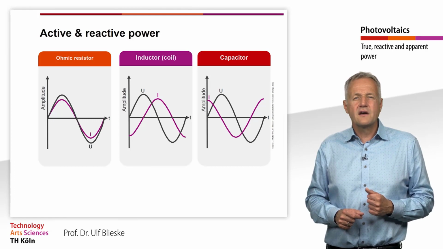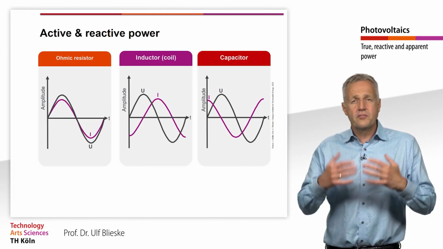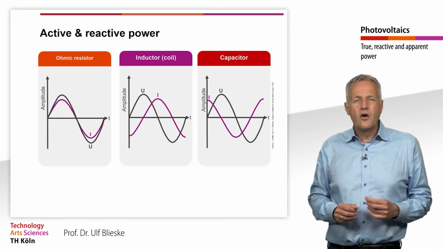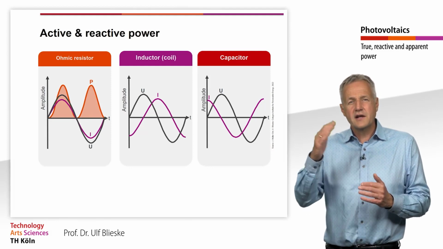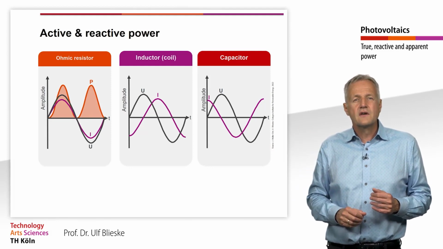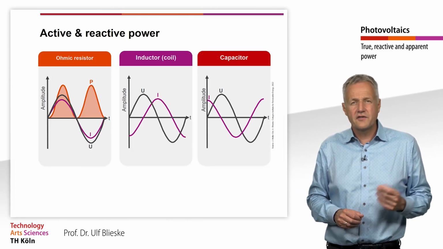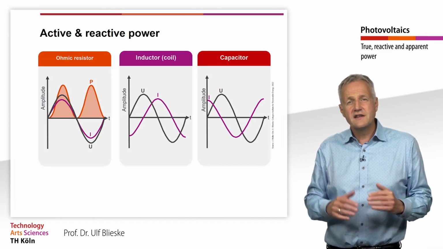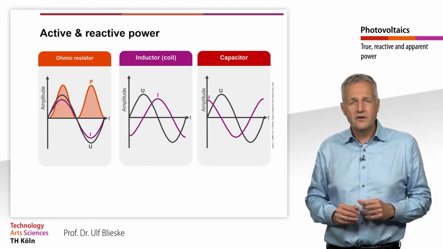Let's now take a look at the power flows. The power is the product of current and voltage. At the ohmic resistor, the power pulses between 0 and a maximum value. With the coil and the capacitor, however, it looks different. With both, the current always reaches its maximum value when the voltage is 0, and vice versa.